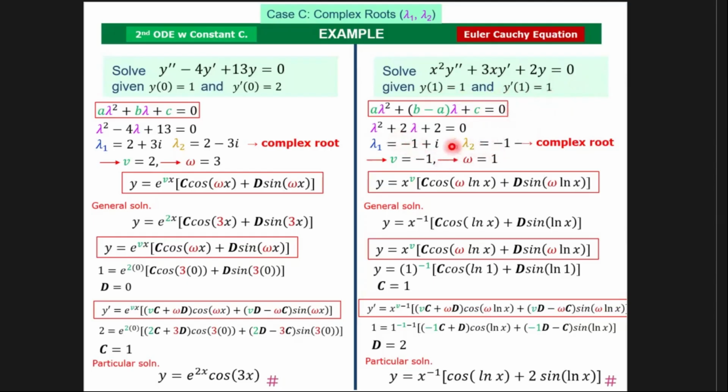Find the lambda, you will know that it is a complex root, and determine the V and W. Substitute into the general equation, and then you will get this general solution. Using the initial condition, substitute it into y and y prime, and you will get C and D. After getting C and D, substitute into the general solution, and you will get the final answer of the particular solution.